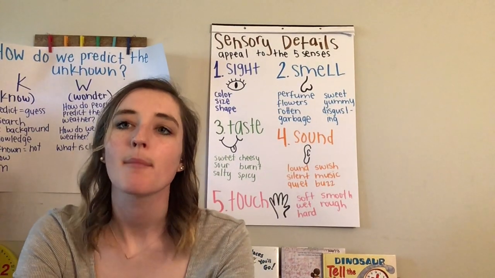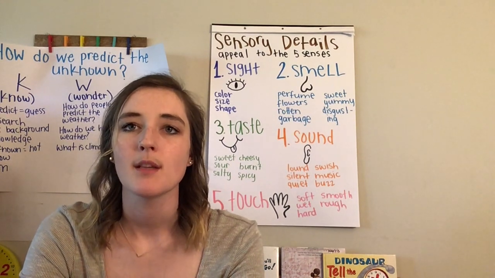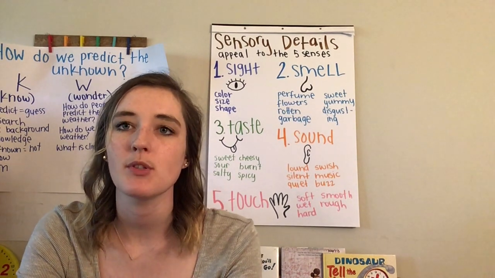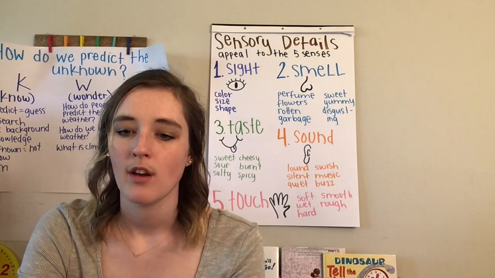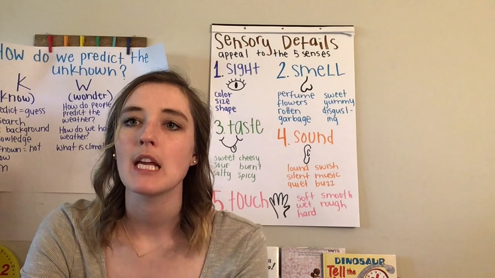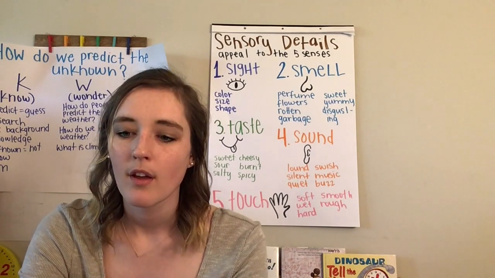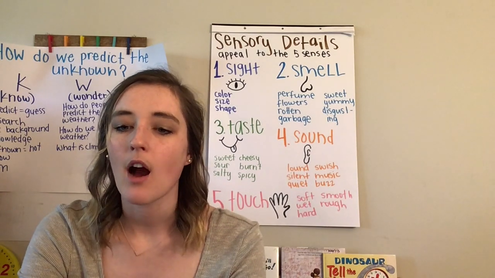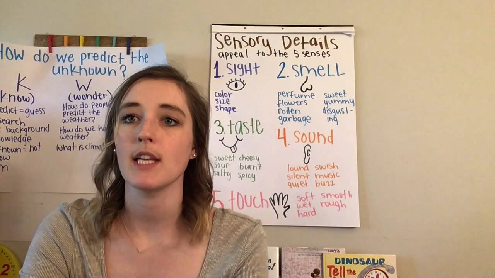So after rereading my poem, what I've done is I've highlighted or circled some sensory details. I found some sensory details for sight and touch. The sea green, meaning the grass that is green, that's describing the color. The author is pressing their hands into the grass, so that's touch.